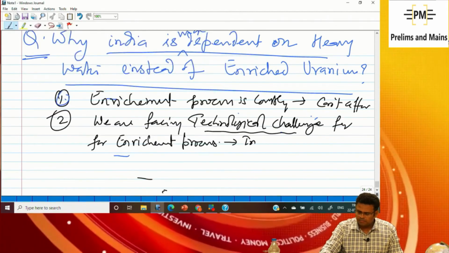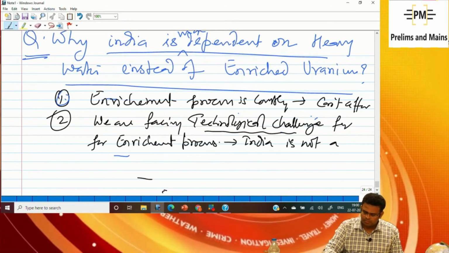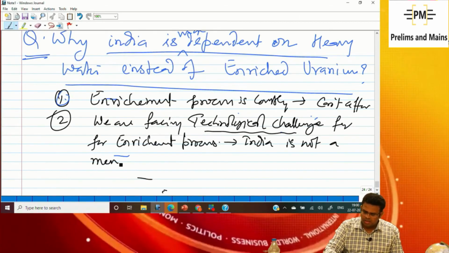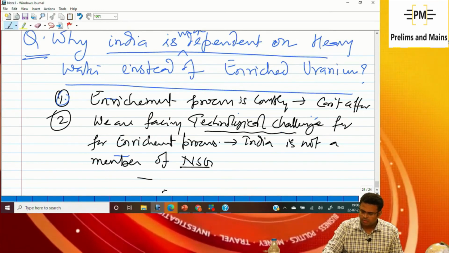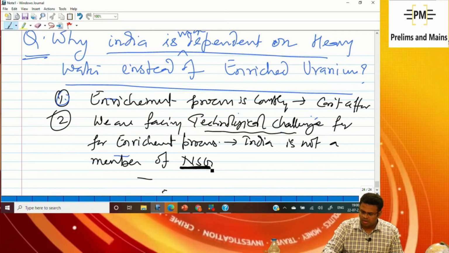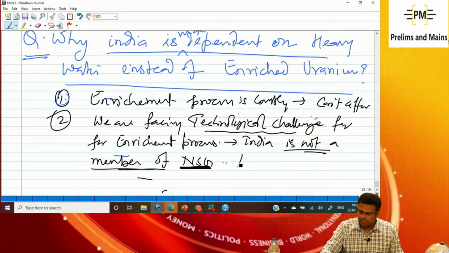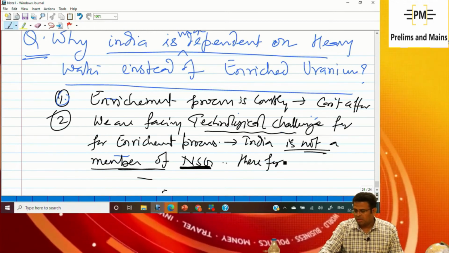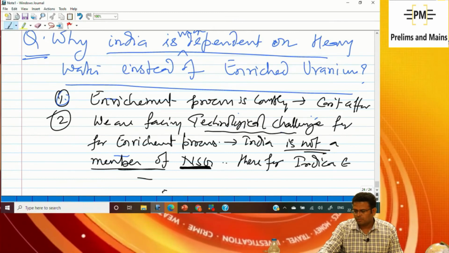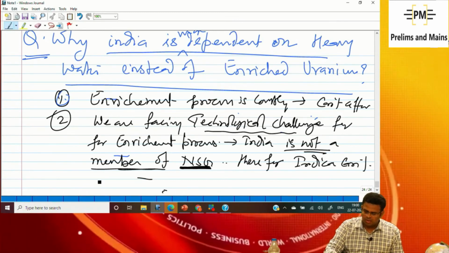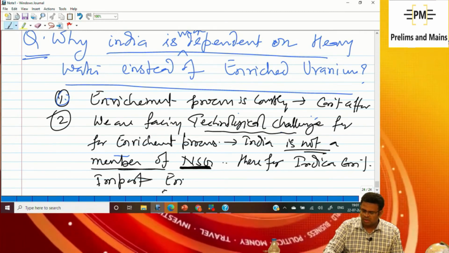India is not a member of the NSG. India is not a member of the NSG, therefore India cannot import enrichment technology.